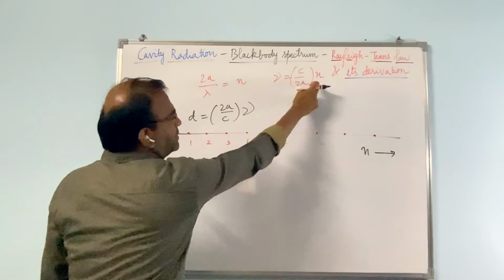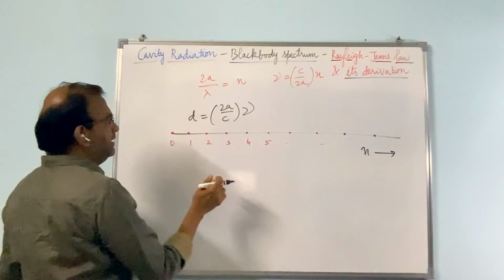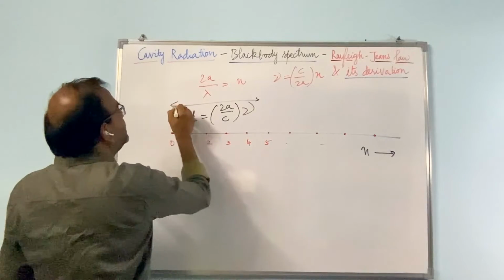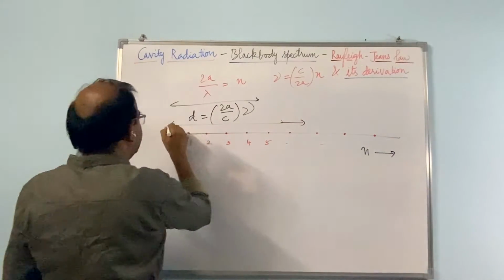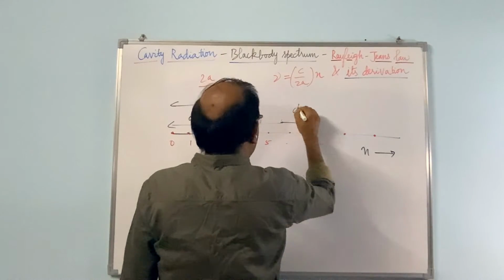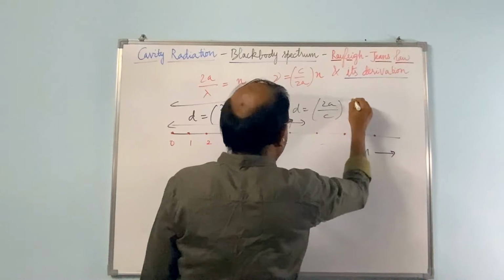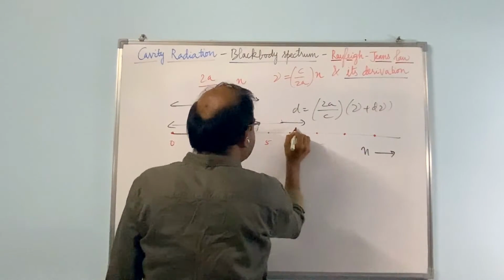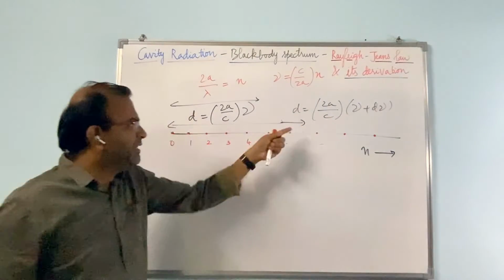That is the reverse of this, because n corresponds to the distance here on the n-axis, up to a particular distance d. For another distance here, the n would correspond to 2a by c times nu plus d nu. This is another small additional distance. In terms of frequencies, this would be the case.